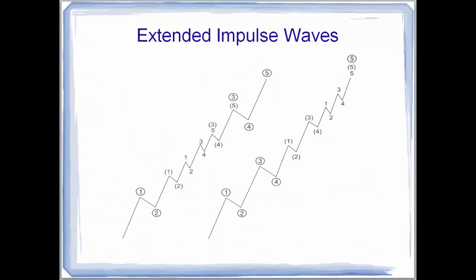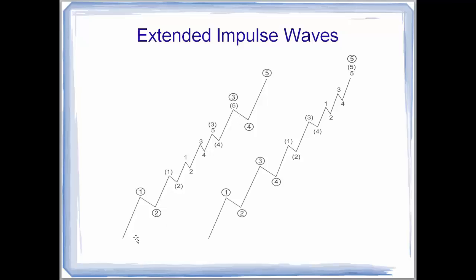Here's an example of an extension, an extended wave within an impulse. Remember that wave 1, 3, or 5 of an impulse typically will extend. One of those will typically extend. Here's the most common one to extend in stocks. It's the wave 3.